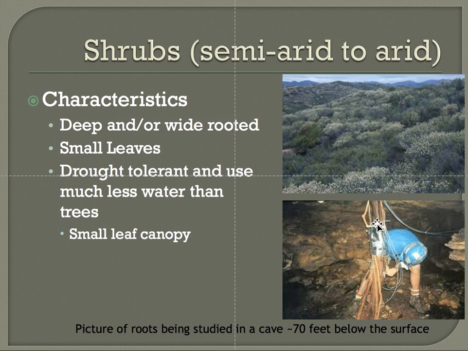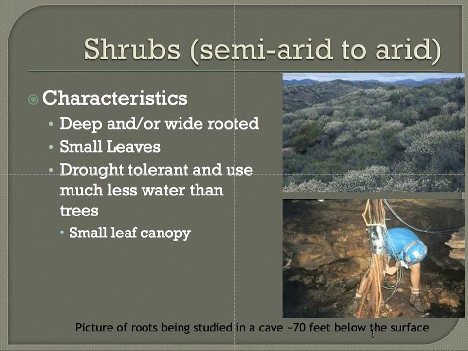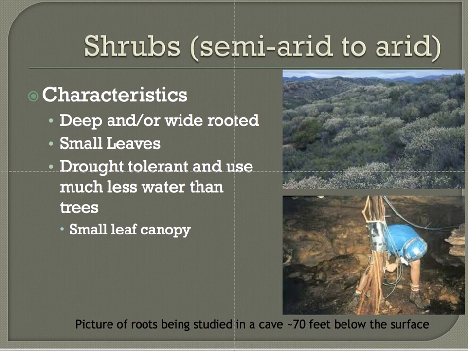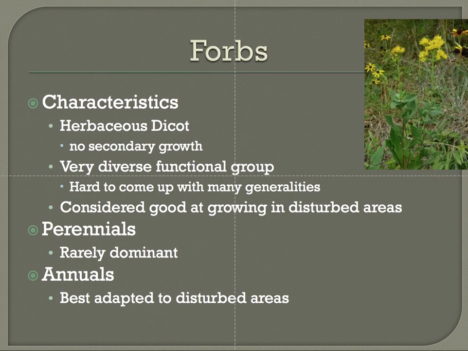This cave entrance is actually in Austin, Texas, right by a bridge where there's a huge bat colony that comes out every night. They've been studying the roots down in that cave, and you can see these roots are still going down deeper. So very deep roots in these shrubs. Not all shrubs, just a lot of shrubs.